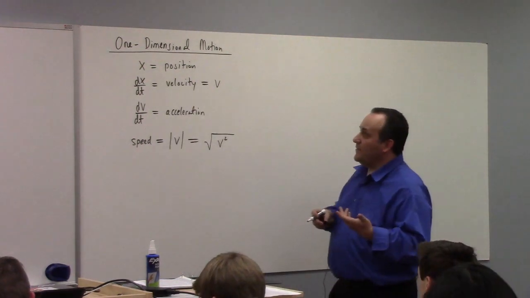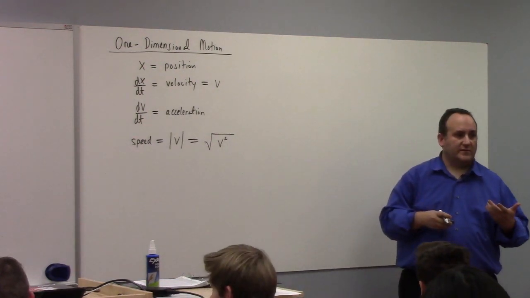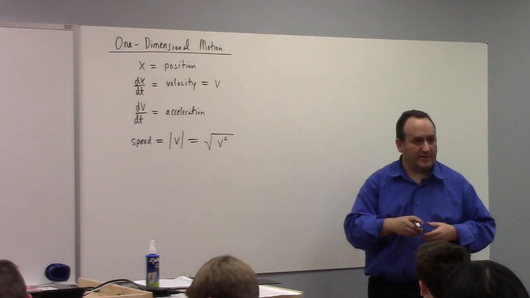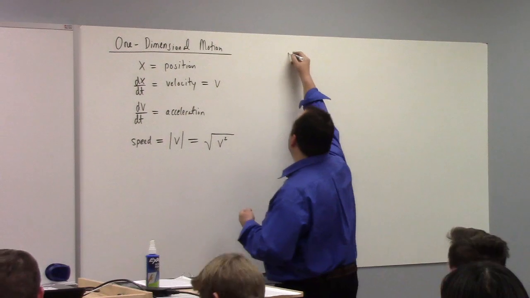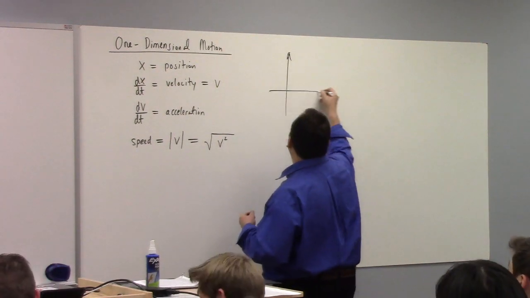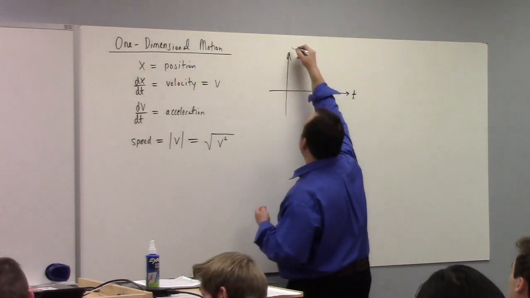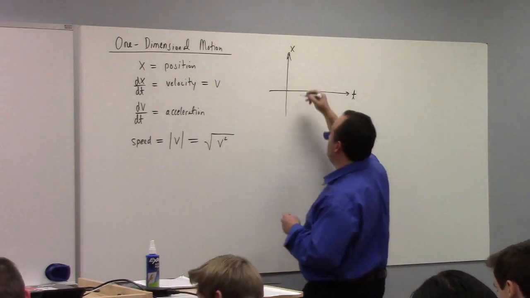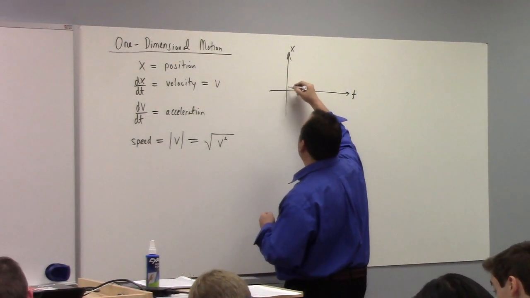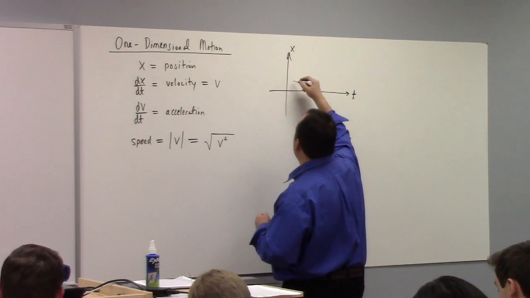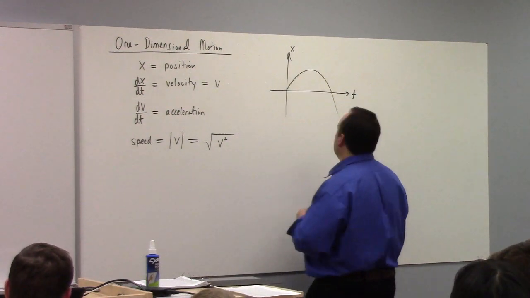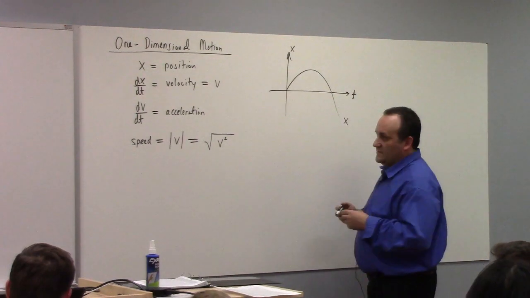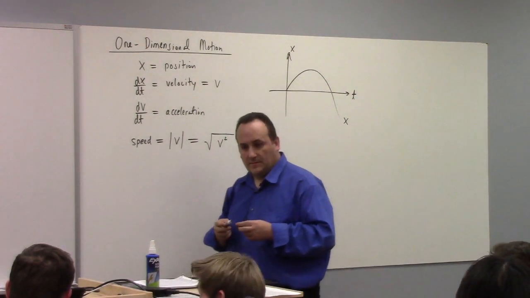And the other thing that's cool about one-dimensional motion is we also have graphing. We can graph position versus time in one dimension, right? Like, in one dimension, we can draw pictures like this. T and X, yeah? And we can do things like, maybe the position looks like, I don't know, this. If this is the position, what's the velocity look like?